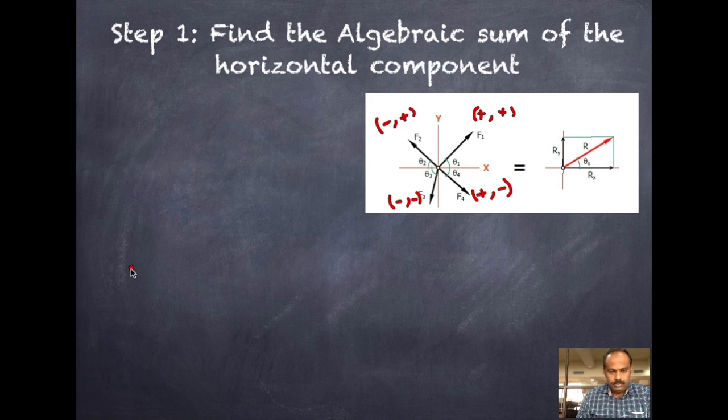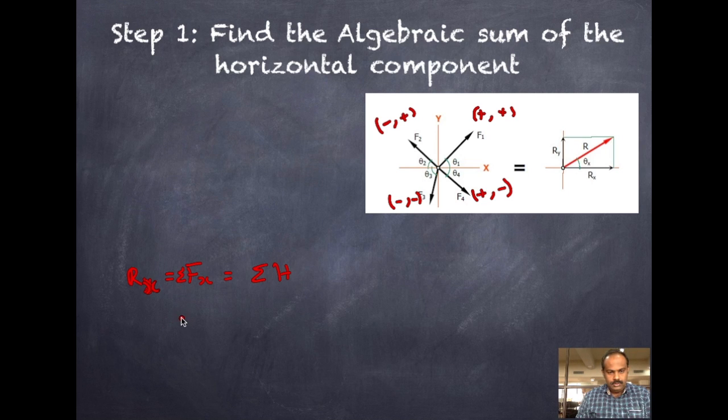Horizontal can be denoted as Rx, in different ways in different books. They give different notations. Rx is equal to, sometimes sigma Fx, or sometimes sigma H. So in different books you find all these approaches.